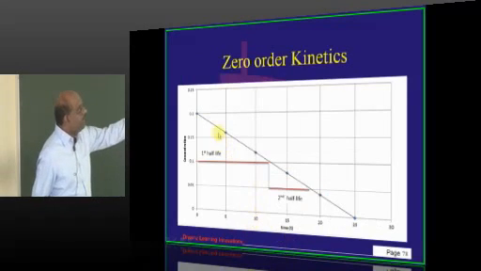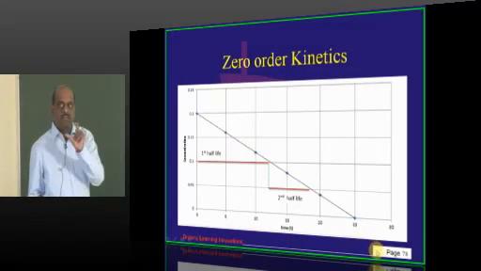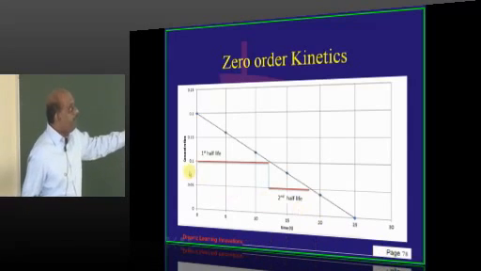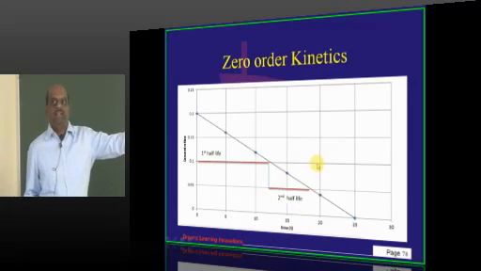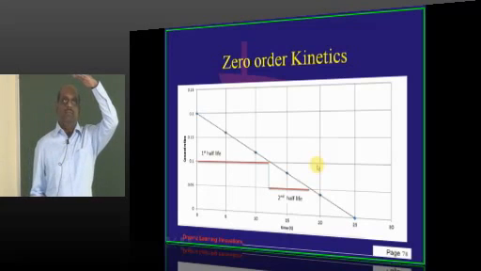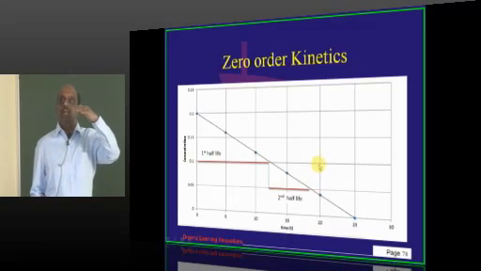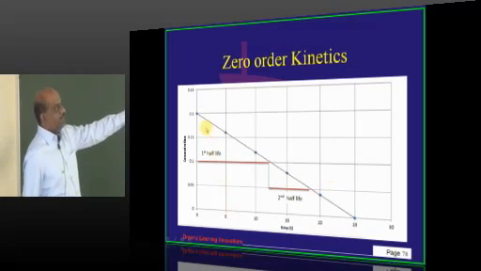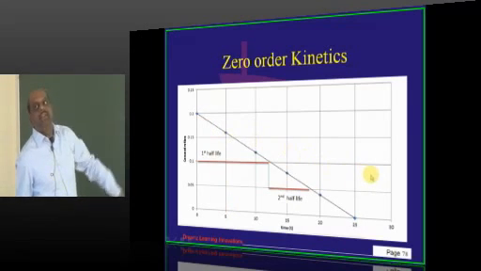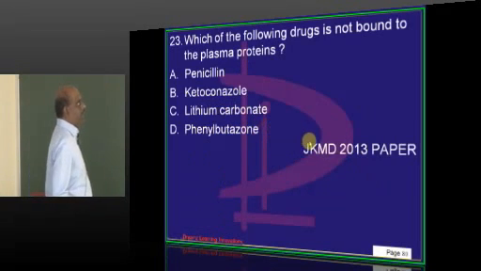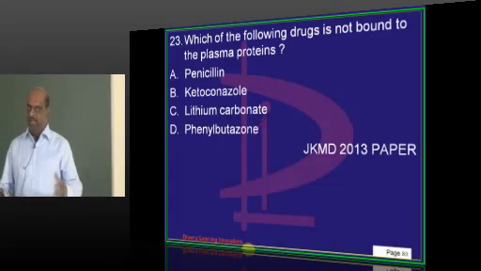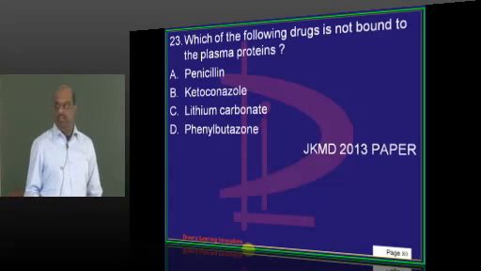The amount of drug eliminated in every half-life is constant, but the half-life is not constant. That is, the time taken for 100 to become 50 is not the same as 50 to 25. Typically, in zero order kinetics, that is the main difference. Anyway, we discuss all these things in great detail in the pharmacology session.